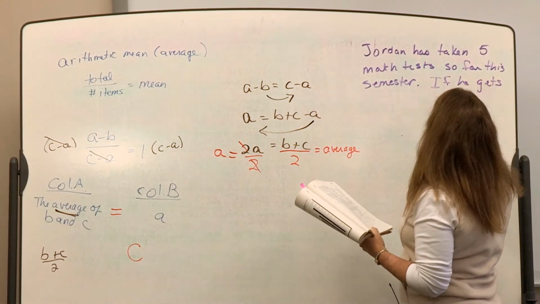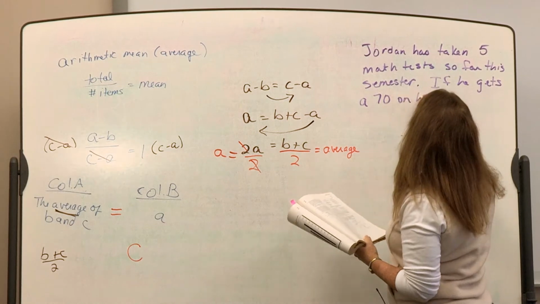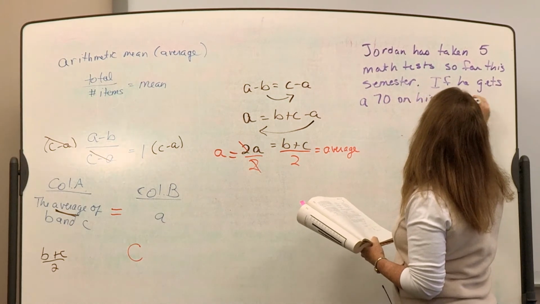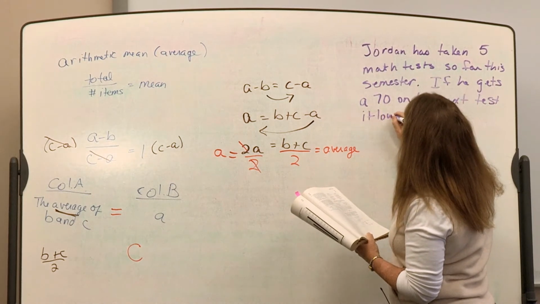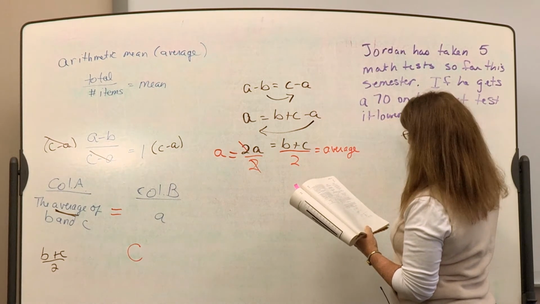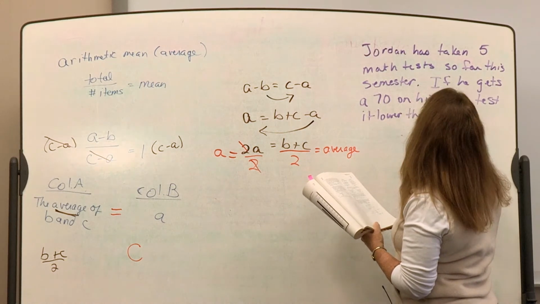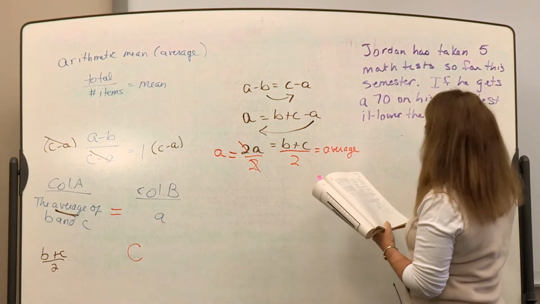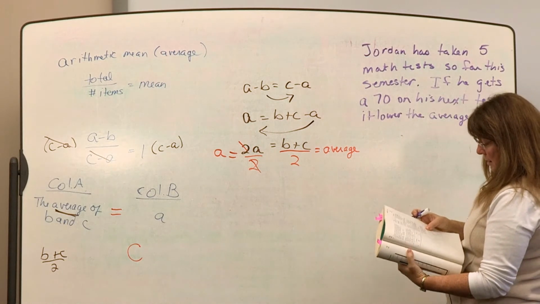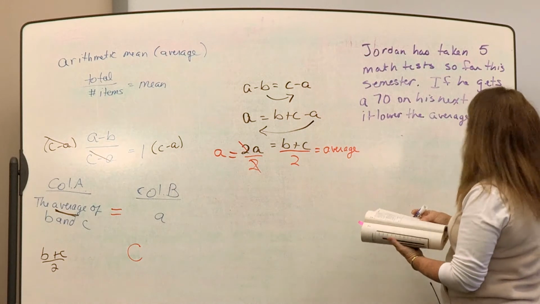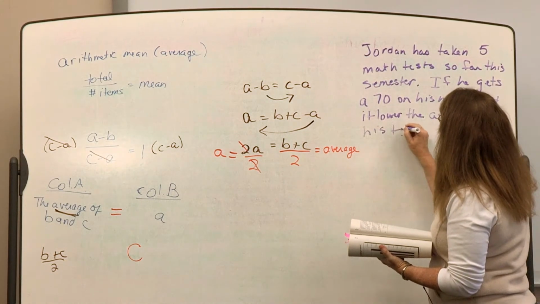If he gets a 70 on his next test, it will lower his average of his test scores by 4 points.